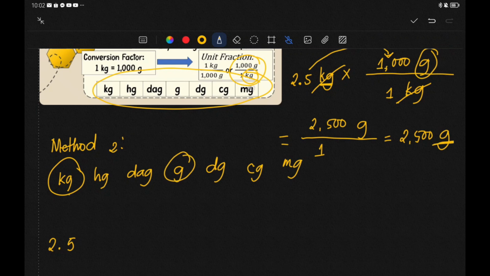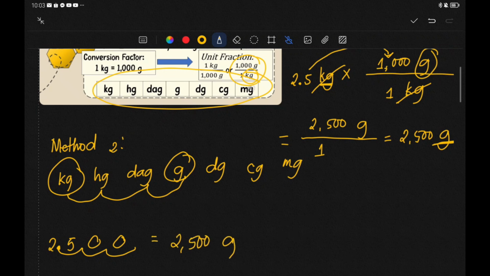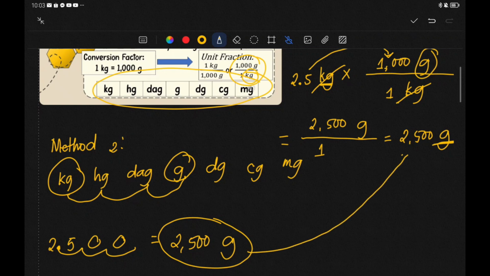So, let's move the decimal point to the right. 1, 2, 3. So, 3 places moving to the right. Now, fill in the blanks with 0. So, we have here 2,500 grams. So, this is exactly correct, since this is the same as method 1.